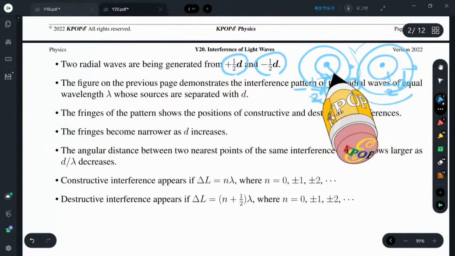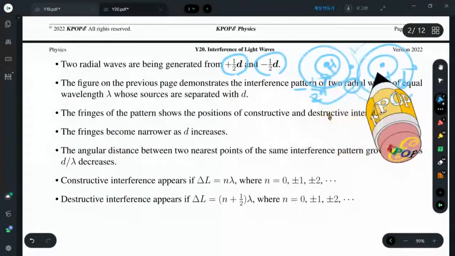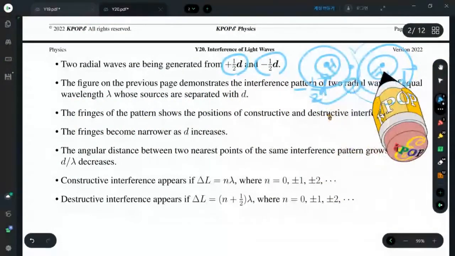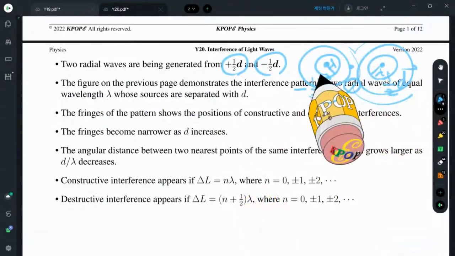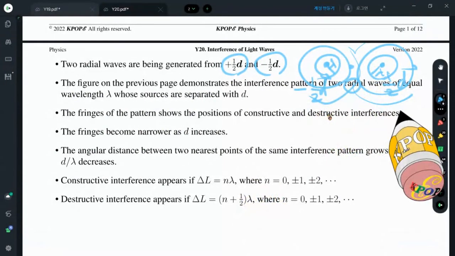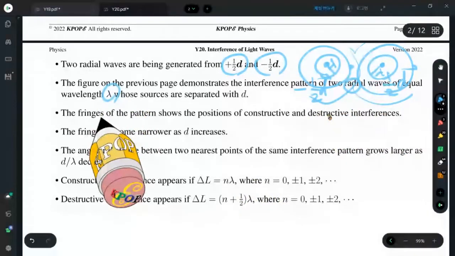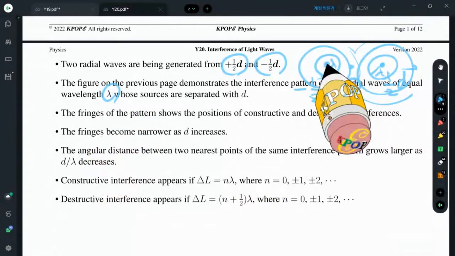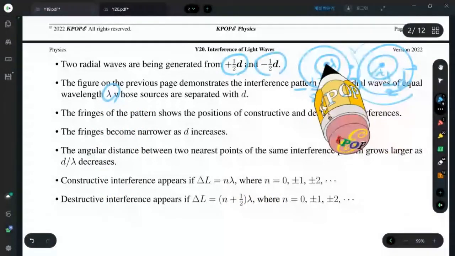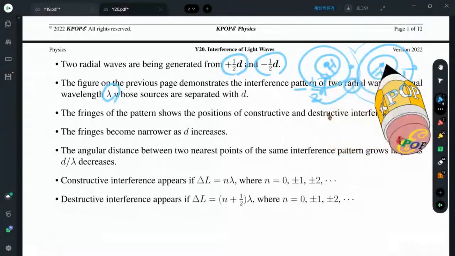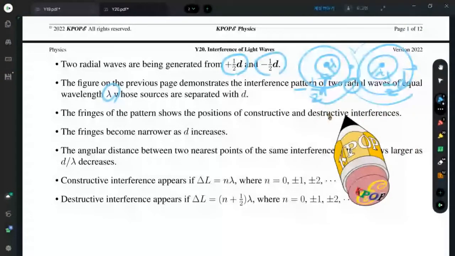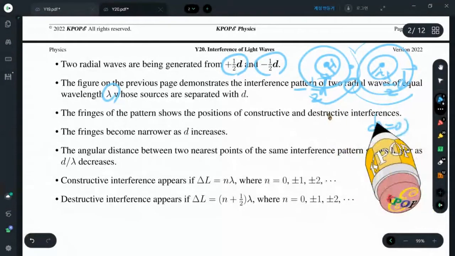Here, the wavelengths lambda of these two waves are the same. That means monochromatic. In addition, they are making two waves without phase difference.